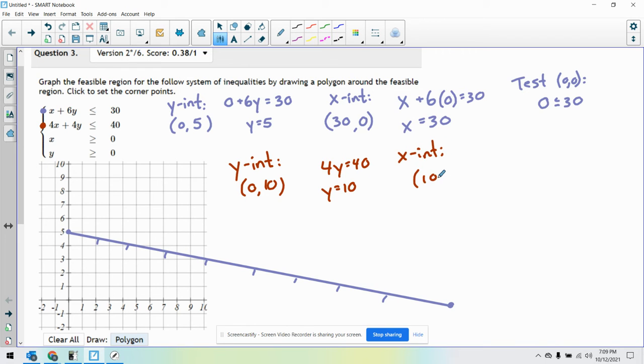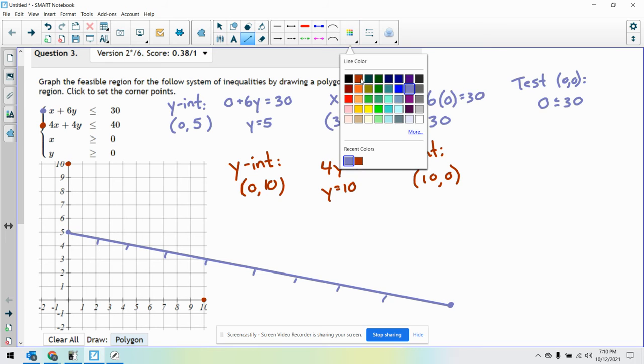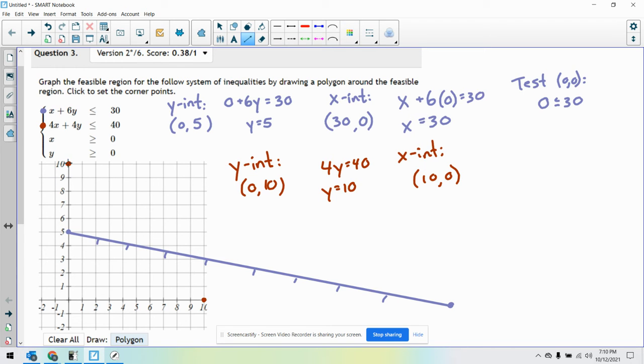This is going to be (10, 0). And (0, 0) also works, so I'm going to shade towards the origin here. So I'm going to connect (10, 0) and (0, 10), like so. That's good enough. And shade towards the origin.